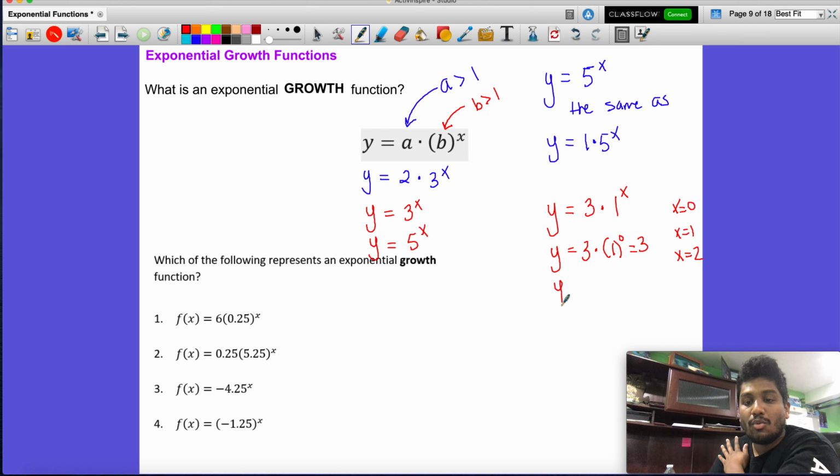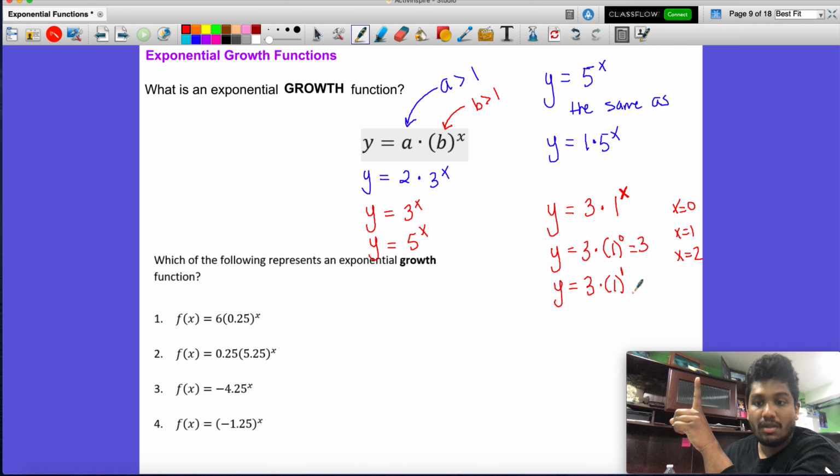What about now if we substituted in x equals 1? So 3 times 1 to the first power. All we're doing is just substituting every value here for x. So 1 to the first power is 1, and 1 times 3 gives you 3. No growth.